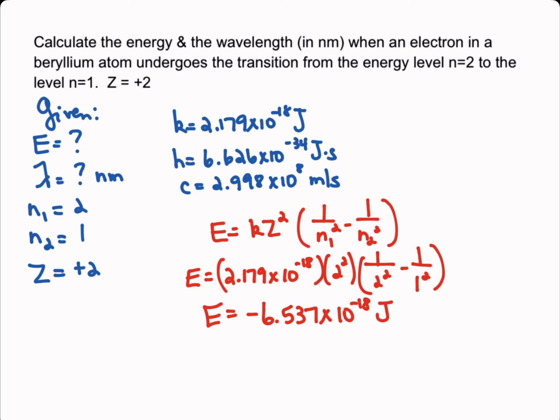So we solved for energy, we still have to solve for wavelength. There is a formula that relates energy to wavelength. I have energy, I have the constants, we can go ahead and plug into the equation.